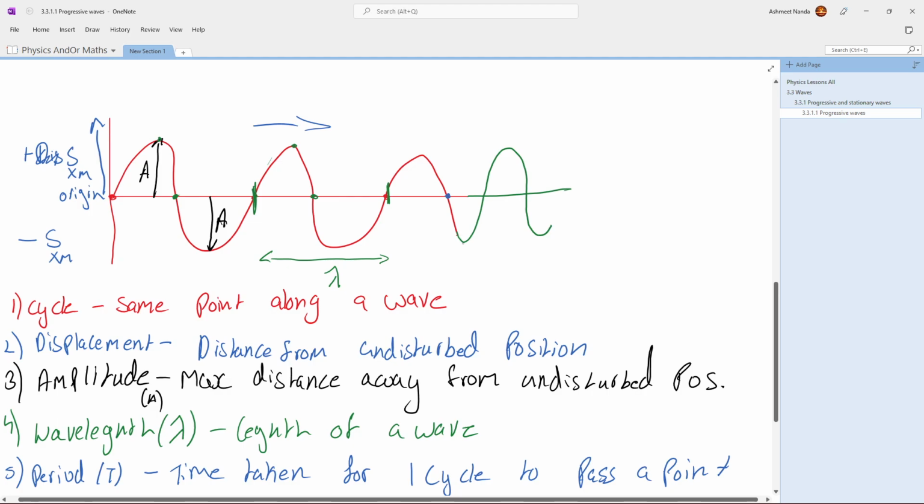Now if we say our cycle was starting here, this is the start and this is the finish, half of the phase would be halfway across the wave. So a half phase difference would mean that two waves are approximately half of a wave out of sync from each other.